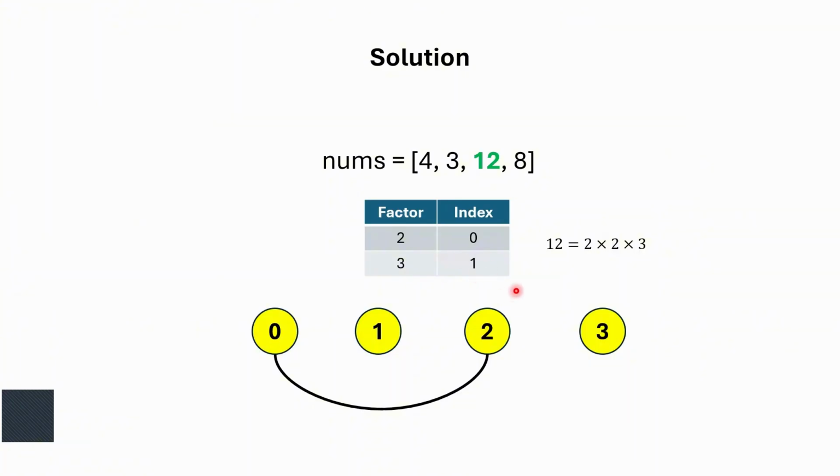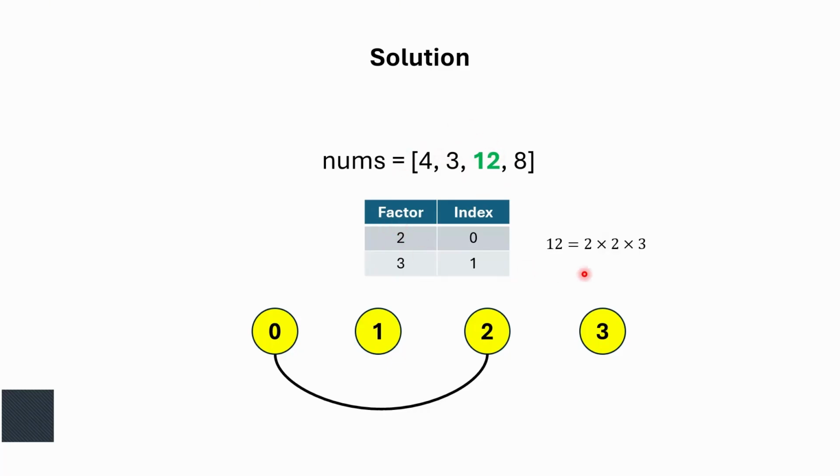And so because we can traverse from the number at index 0 to 12, and 12 is at index 2, then we need to join the two indices of those two corresponding numbers, and those are 0 and 2. So from index 0 we can go to index 2, because the number at index 0 is 4, the number at index 2 is 12, and 4 can traverse to 12 and vice versa, using the common factor 2 here.